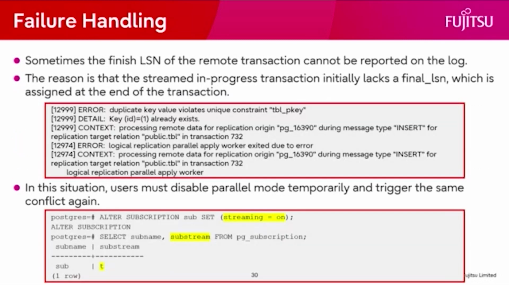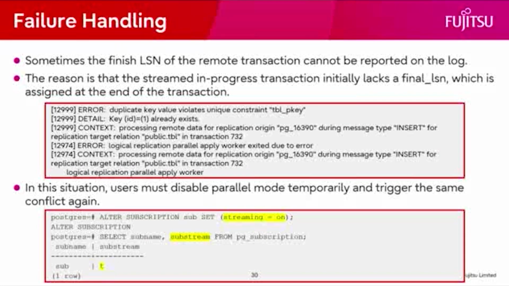Okay, but one big difference from the non-parallel mode is that sometimes the final LSN of the remote transaction cannot be recorded in the server log. This occurs because a streamed in-progress transaction initially lacks the final LSN, which is assigned at the end of the transaction. As I mentioned earlier, the parallel apply worker begins applying changes before the commit operation.